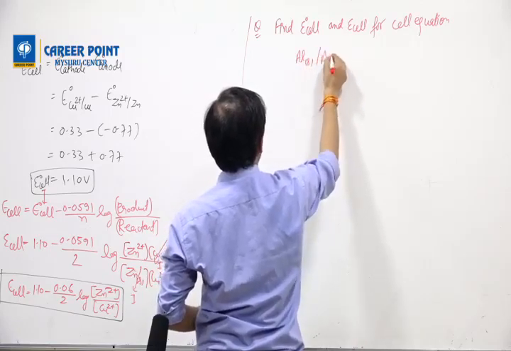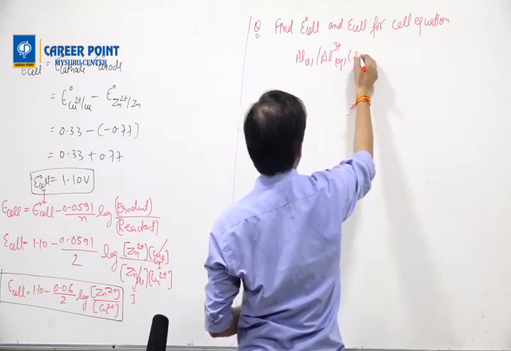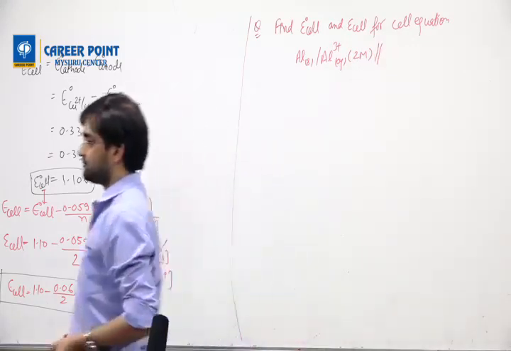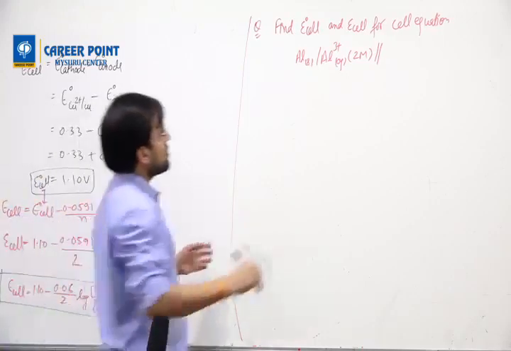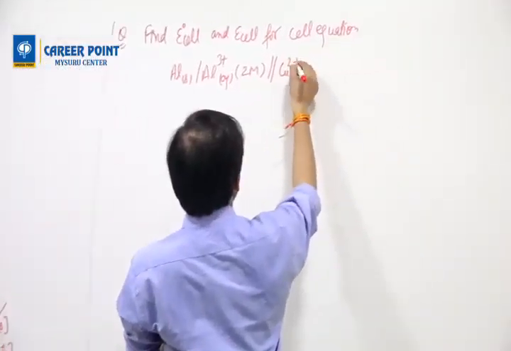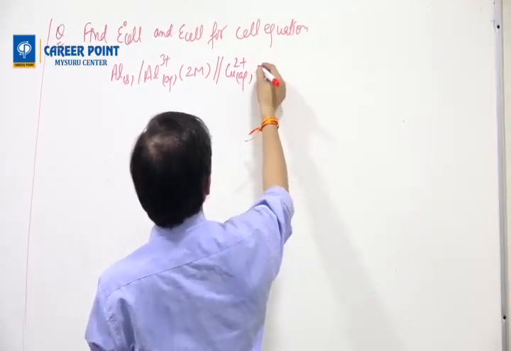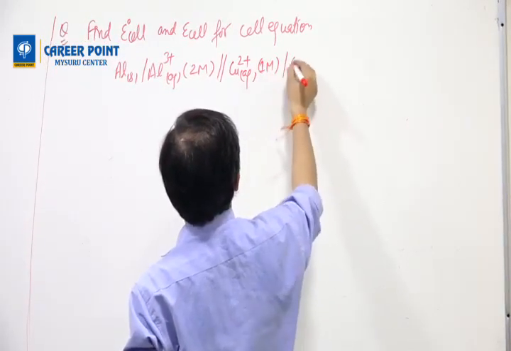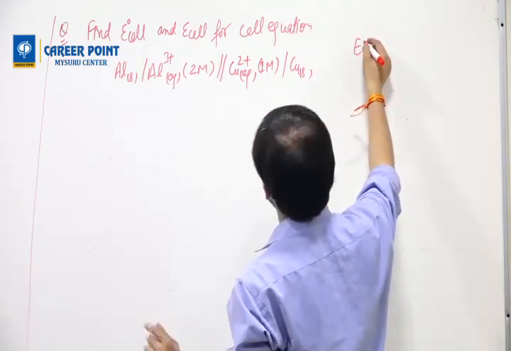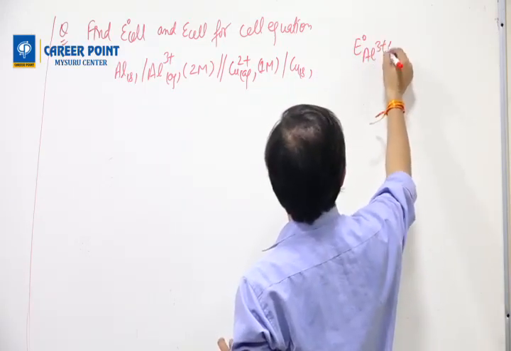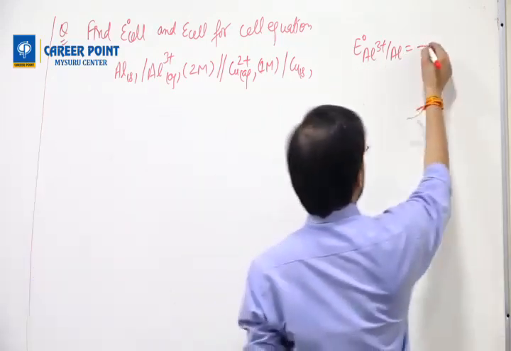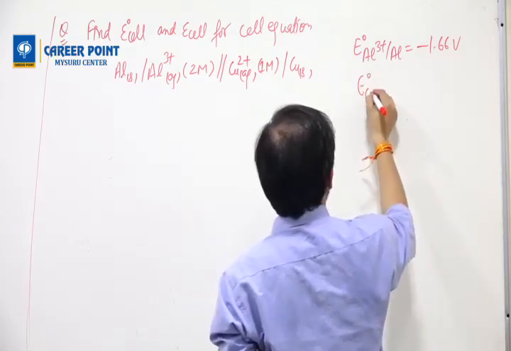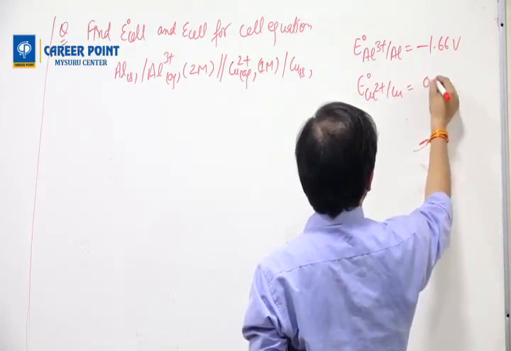Aluminium solid undergoes to Al3 plus aqueous with 2 molar concentration, with Cu2 plus aqueous 1 molar concentration to Cu solid, and values are E naught of Al3 plus 2, Al equals to minus 1.66 volt, E naught of Cu2 plus 2, Cu equals to 0.33 volts.